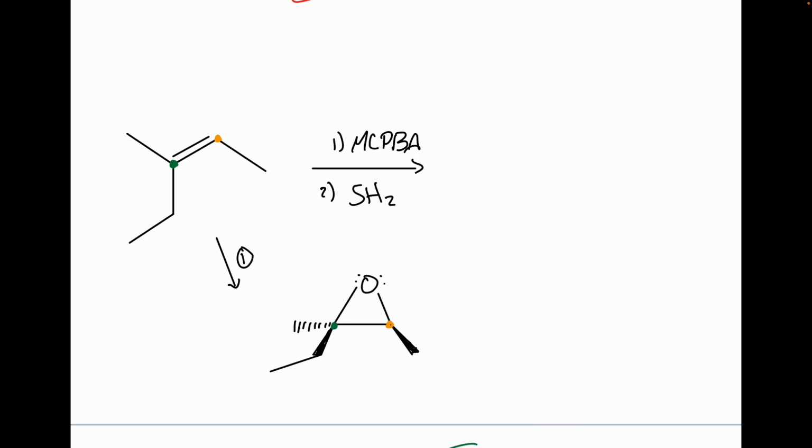All right, and do I have an acidic or basic nucleophile here? Acidic. So which one of these carbons, green or orange? Now our tertiary under acidic conditions are going to be preferred.